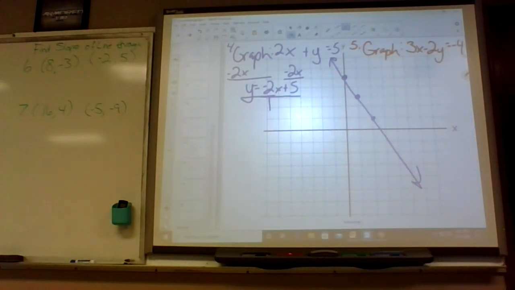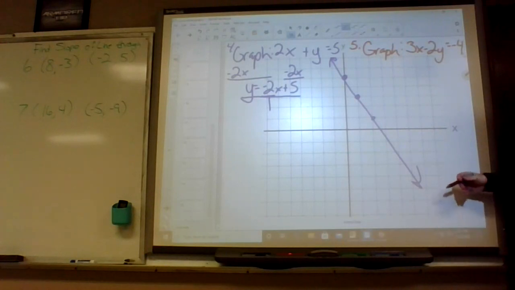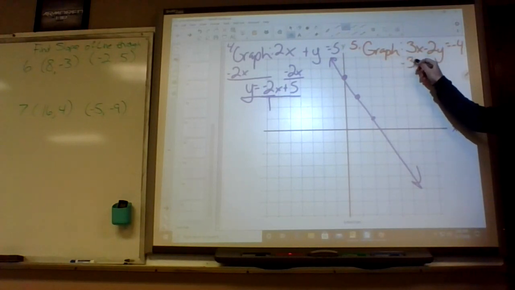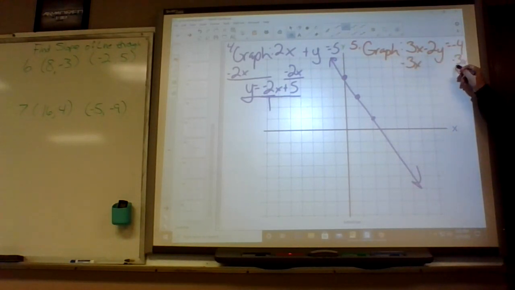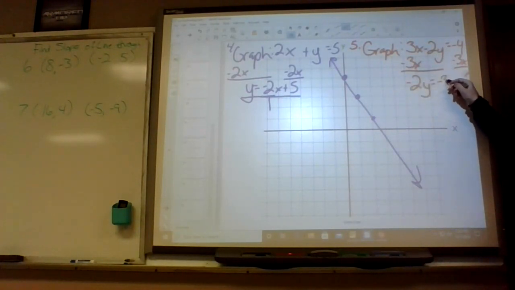Will, what about number 5? I was trying to ask for some help for that. Have you done one, Sam? No. So, you gotta find y by itself. So it's minus 3x. So negative 3x minus 4. So we got -2y equals -3x minus 4.